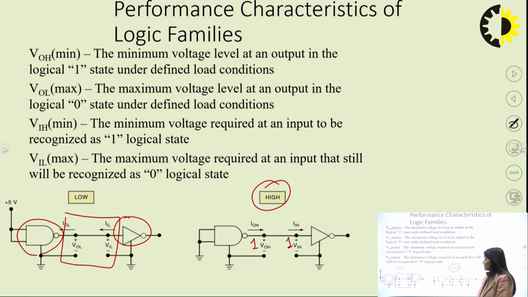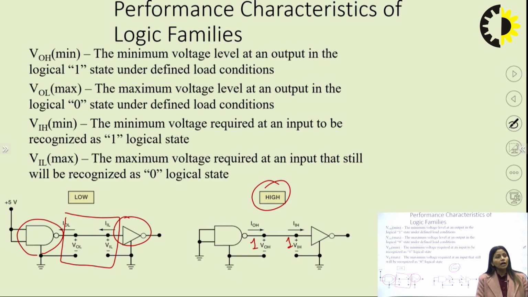Here VOH minimum is the minimum voltage that the output must have in the logical 1 state under defined load conditions. That means the output should be at that level so that the other gate can recognize it under the given load condition. This is the definition of VOH minimum.